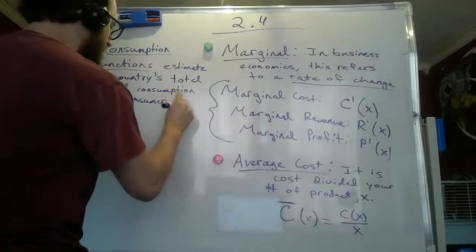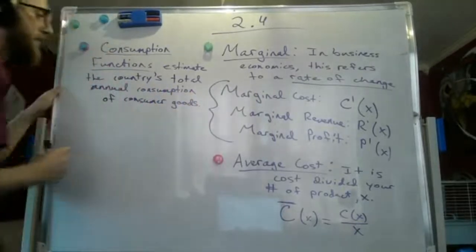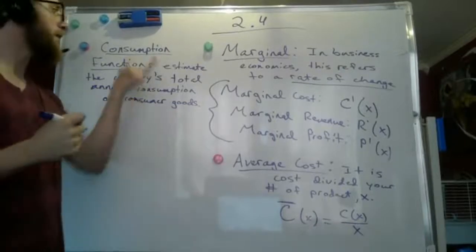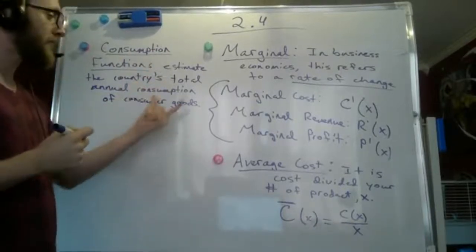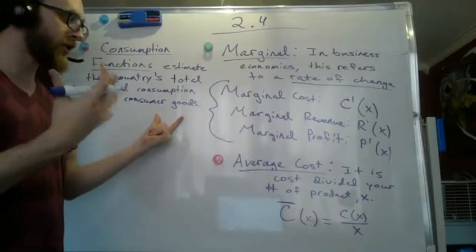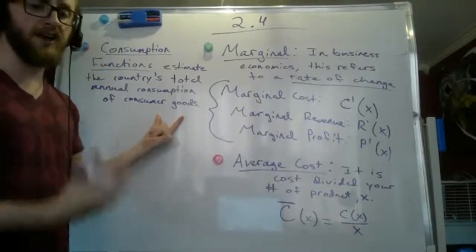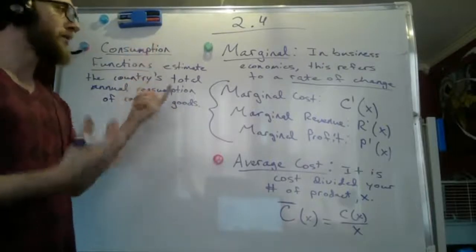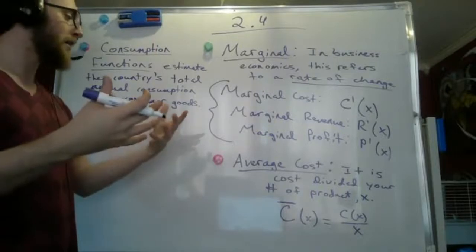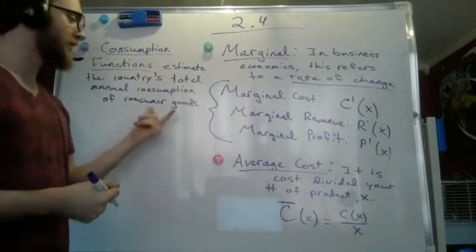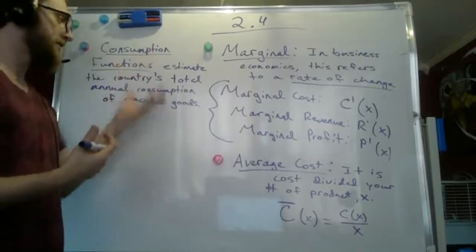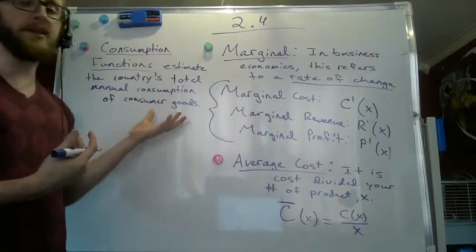So in other words, maybe you have an x number of some consumer good, and maybe you have some function that estimates how much of that good your country is going to consume during that year. This is very similar to a cost function, so think of this as kind of like cost, but it estimates something different.